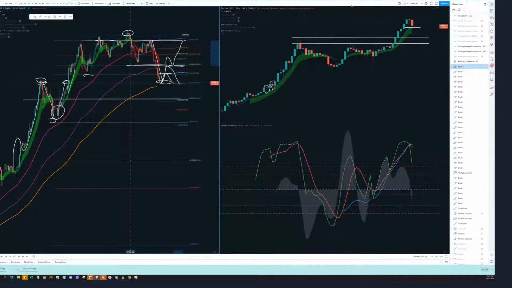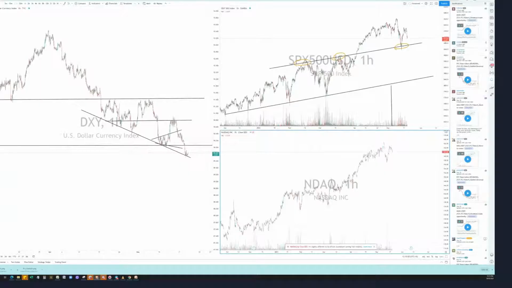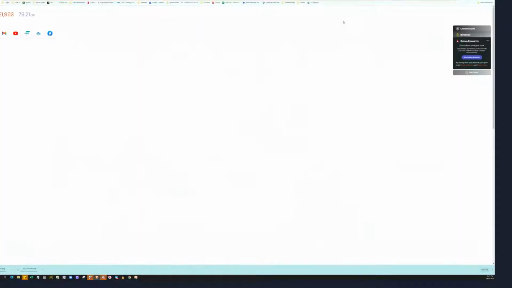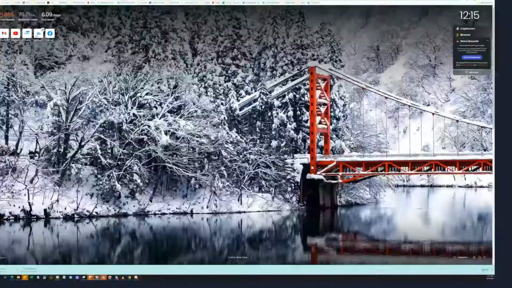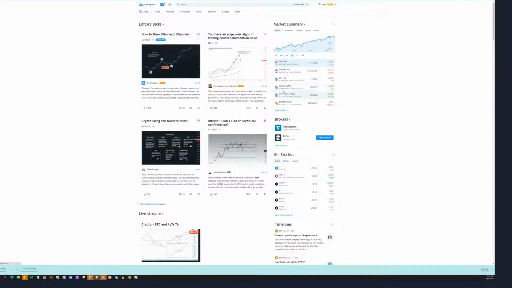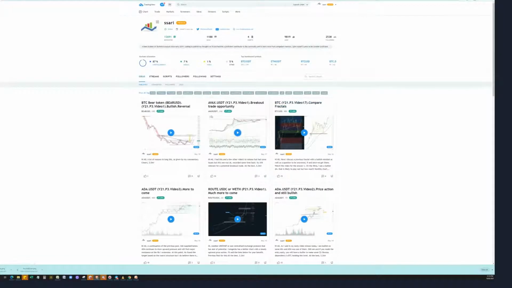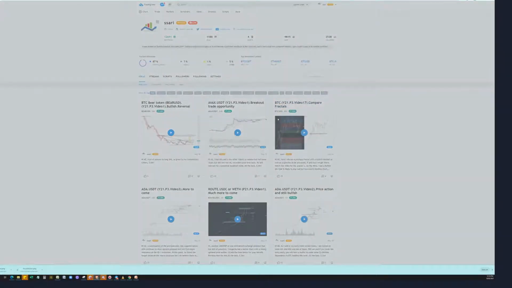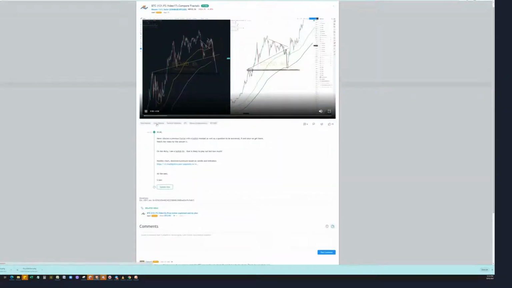Let's see, where is it? There was a fractal on my post, just check it out. I'm talking about that scenario. So this is the fractal here. I did talk about it, I won't play it.